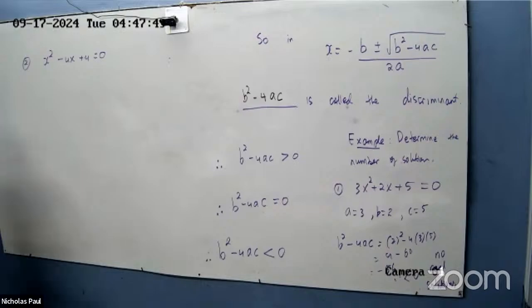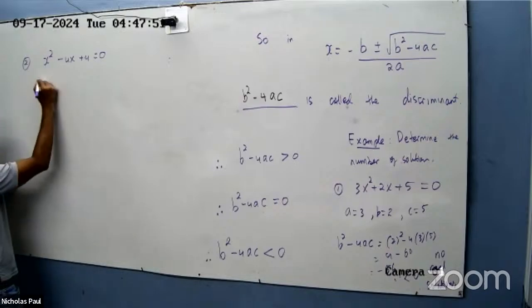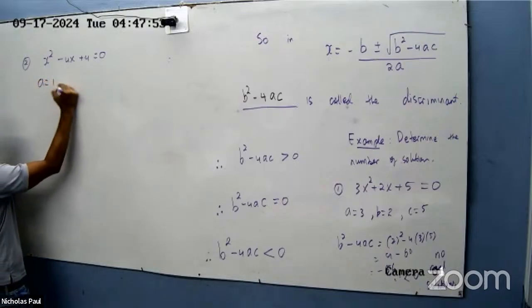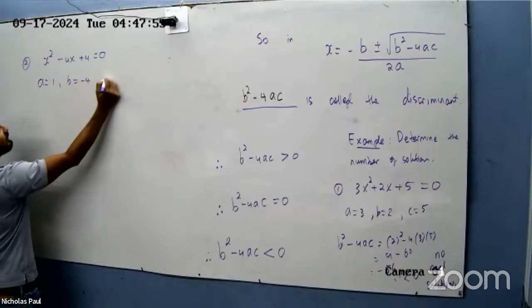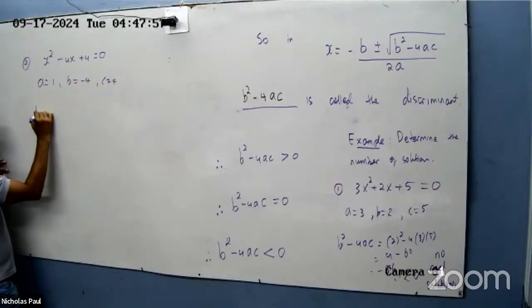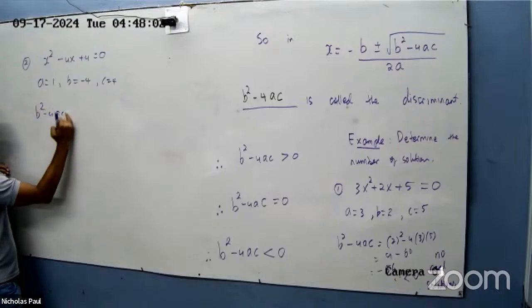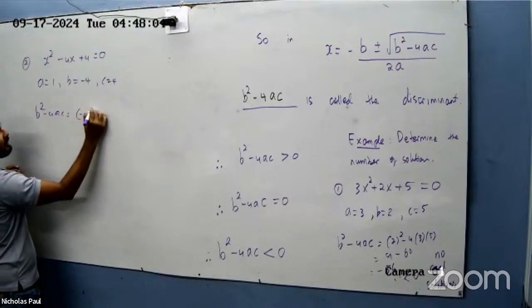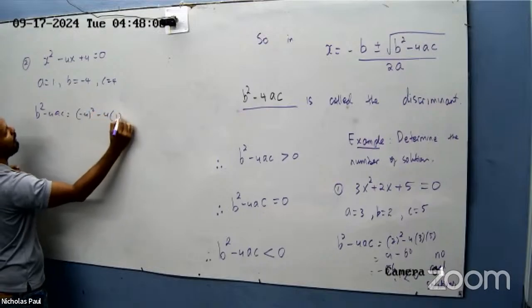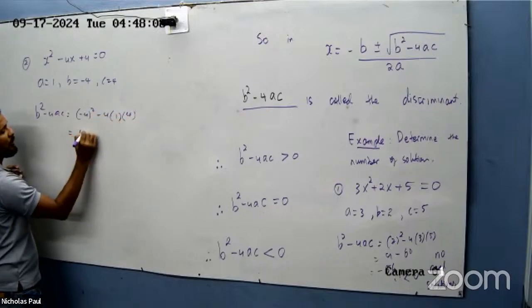A is 1, B is minus 4, C is 4. So when you work out B squared minus 4AC, you're going to get minus 4 squared minus 4AC, which is 0.